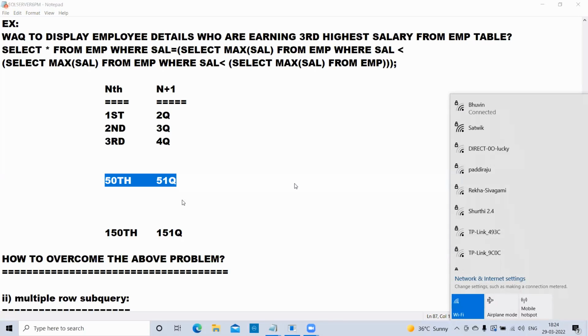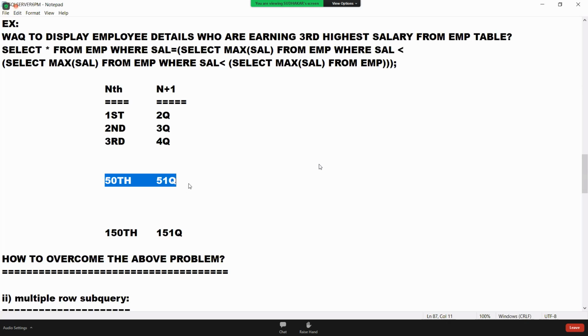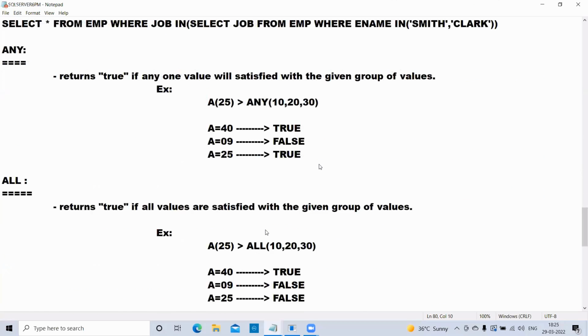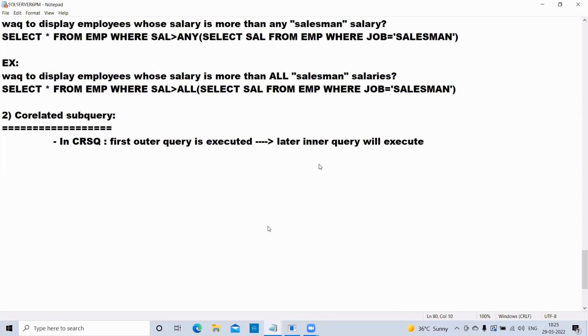So 50th highest means we need to write 51 times, and 150th means 151. So in non-correlated subqueries, for the nth highest we need to write it n plus 1 times. Now let me come to how to overcome this problem.